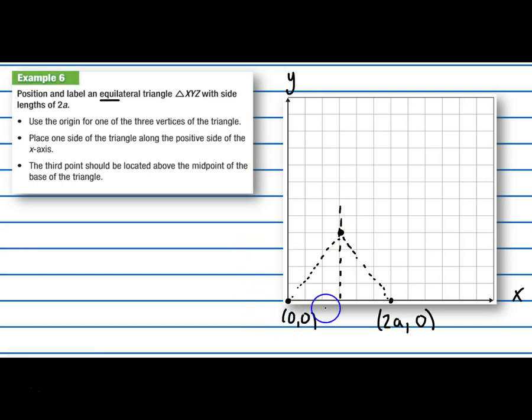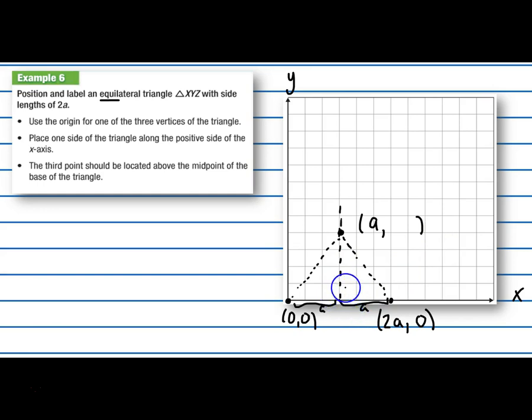Well, I know the distance between here and here is 2a. And I know from here to here it's a, and another one from here to here is a. That's how we get our 2a. So what I can say for our ordered pair for this one is that I know my x value is a, but I still don't know my y value.